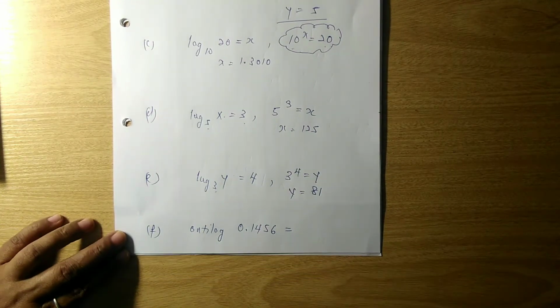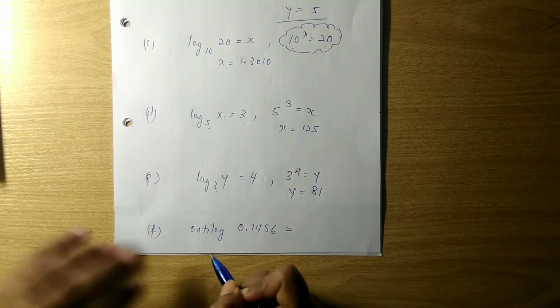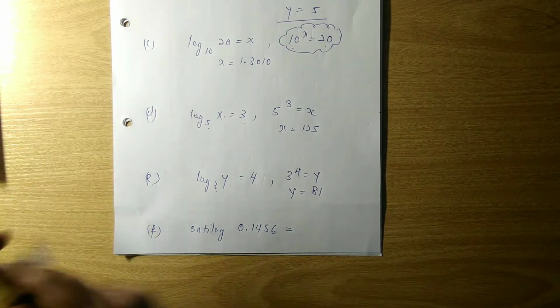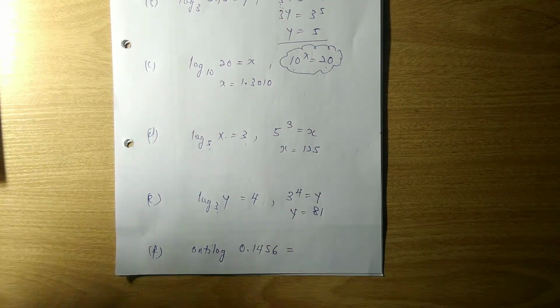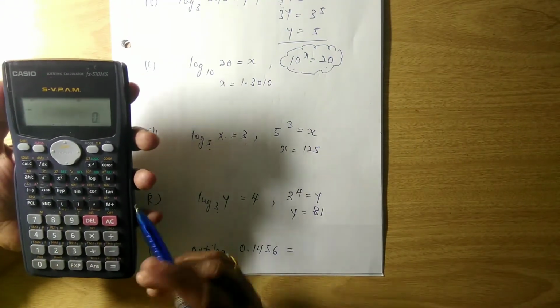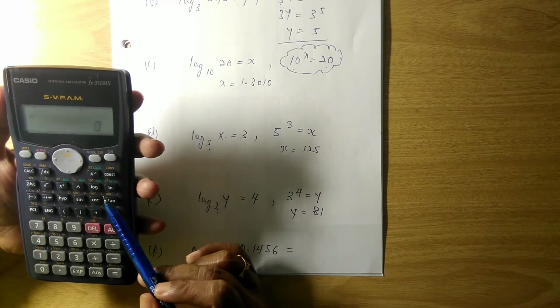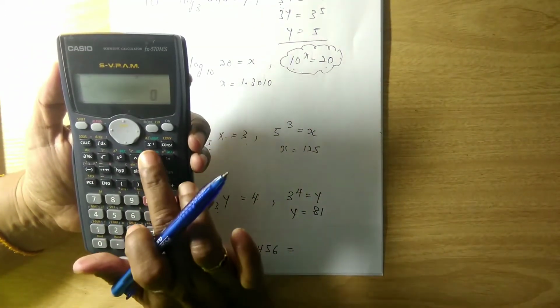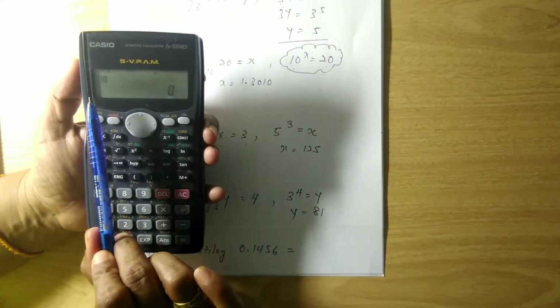Then, another concept is anti-log. Anti-log is the reverse, the inverse of log, just like what we saw previously. So we are looking for anti-log. You have this key for log, and this one for anti-log. So what you do is shift log. This is the concept of anti-log.